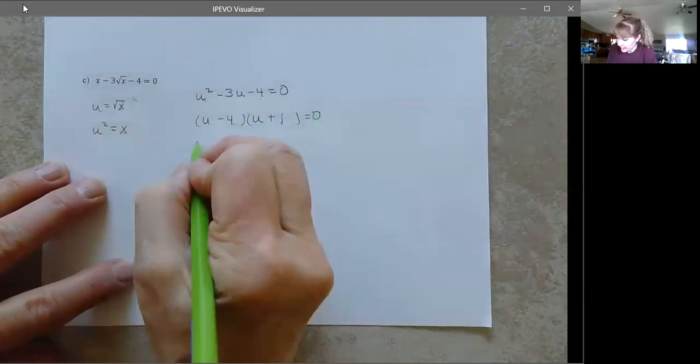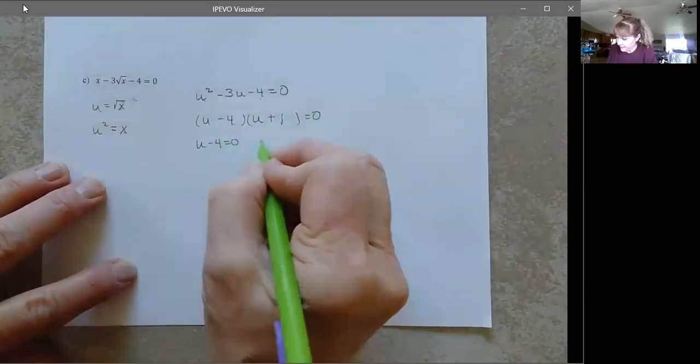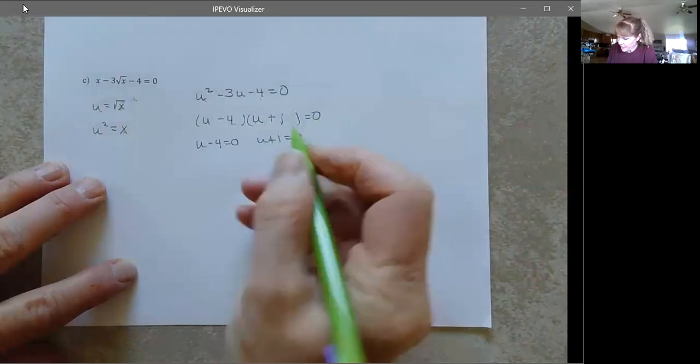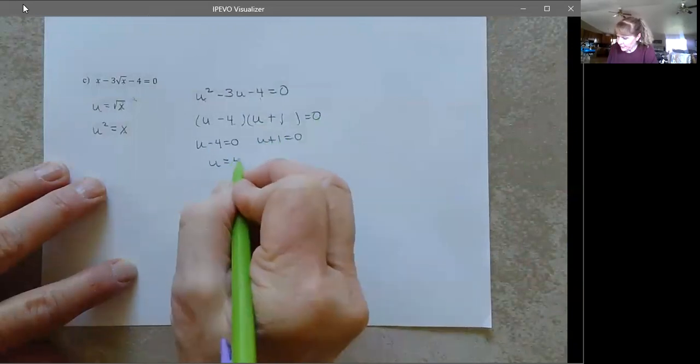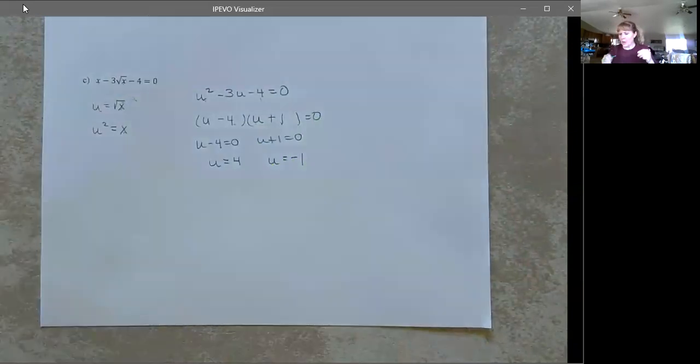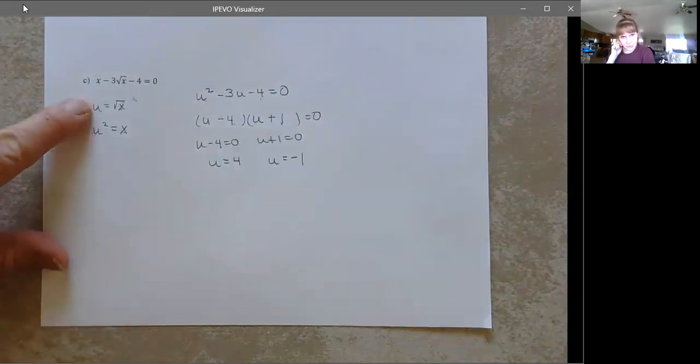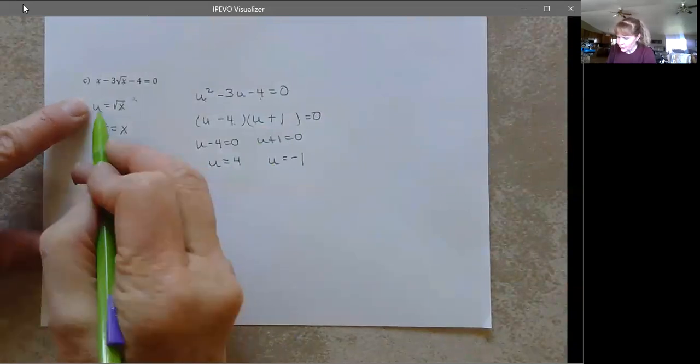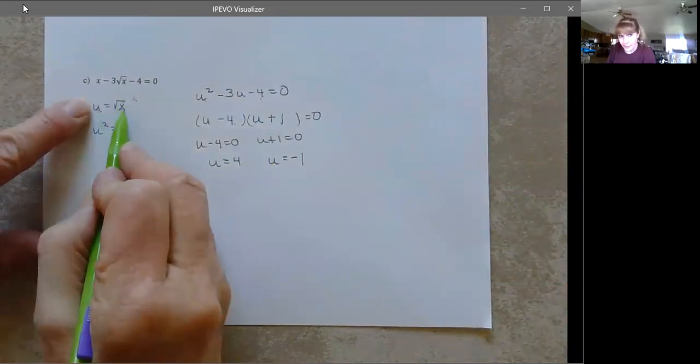So now we set each of those equal to 0, and we come up with u equaling 4 and u equaling a negative 1. But we don't want the u. We want to know what x is. So we'll go back to our original substitution, and we know that u is equal to the square root of x.